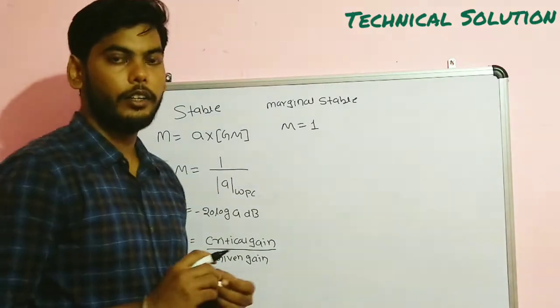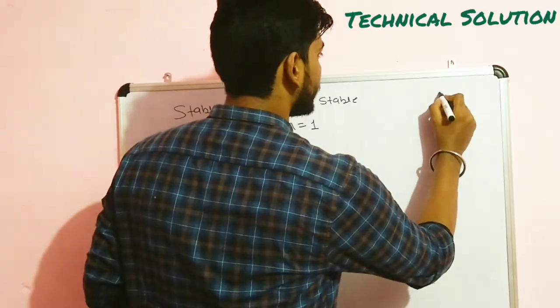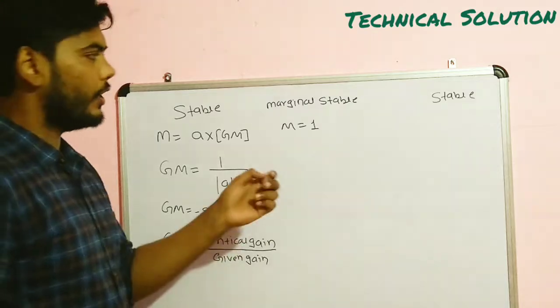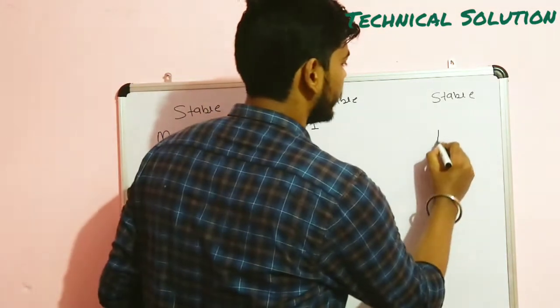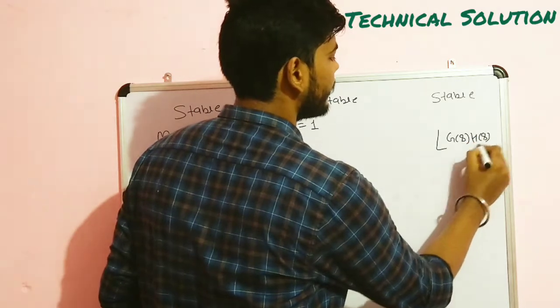Now we move to the phase margin. Suppose any stable system, the phase of the system at gain crossover frequency.